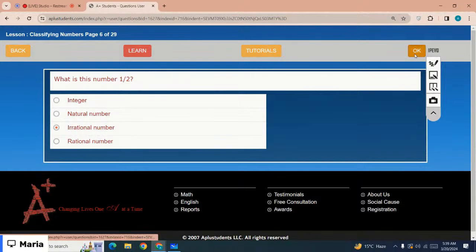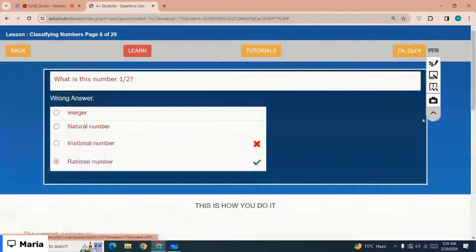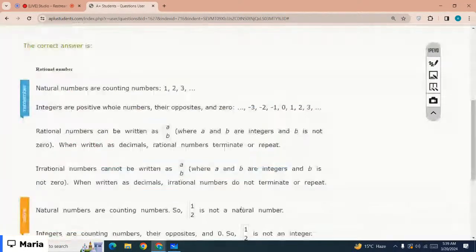Okay, let's see. Rational number it is, right? 1 by 2 is a rational number. Yes, you can write it in fractional form, so that is a rational number. The correct option is rational number.